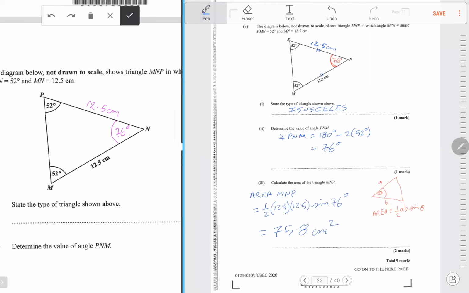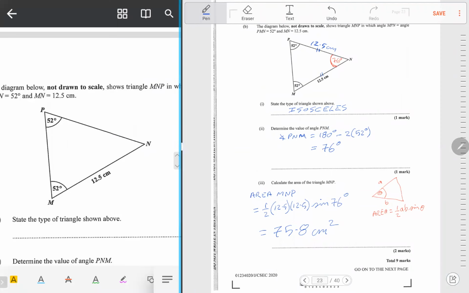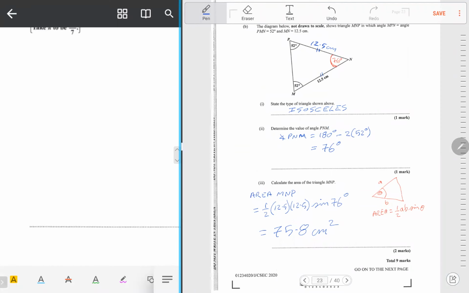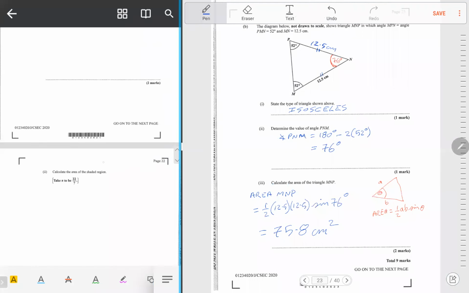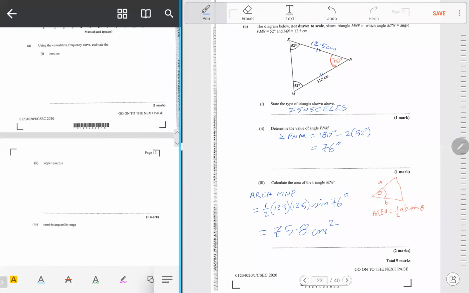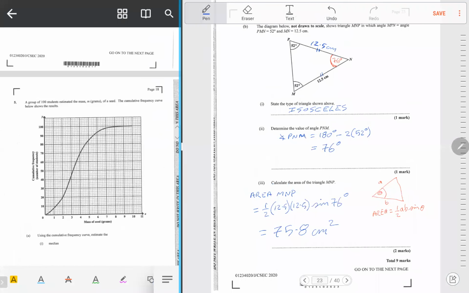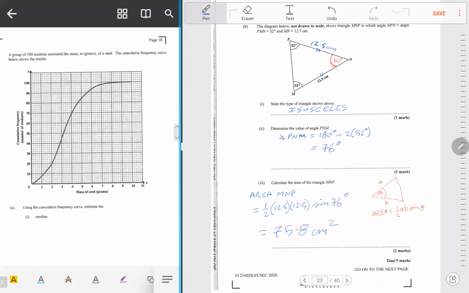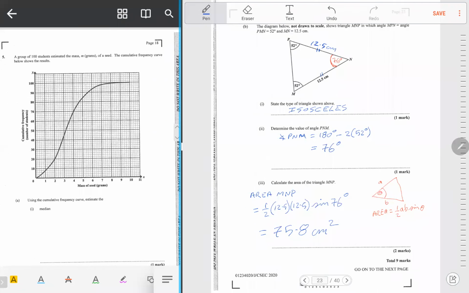Moving right along to question number 5. This is the January exam paper, so it's very easy. Anybody not getting a distinction from this paper, you want beating. Just straight A's, super easy.